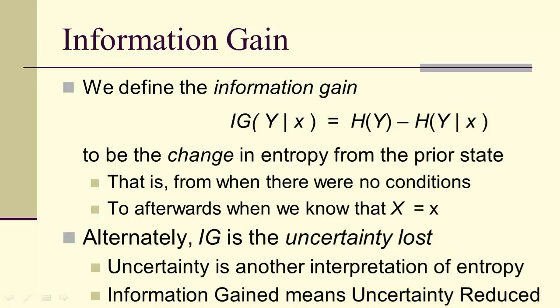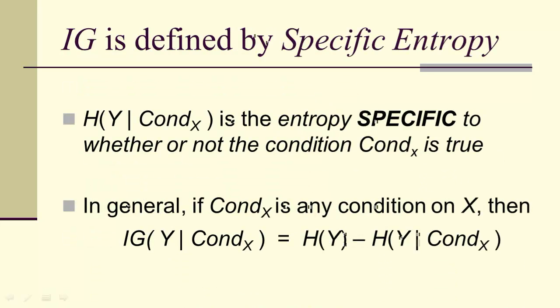Alternately, we can think of the information gain as the uncertainty lost, because uncertainty is another interpretation of entropy, and information gained tends to mean uncertainty reduced. So information gain is defined by specific entropy.